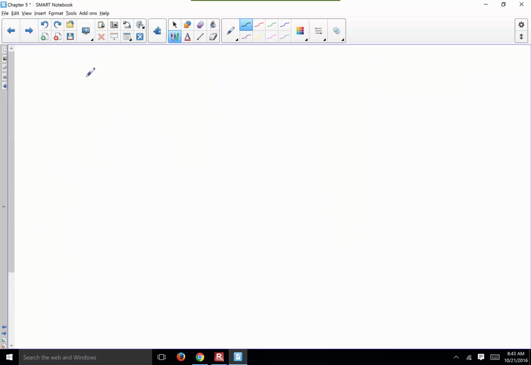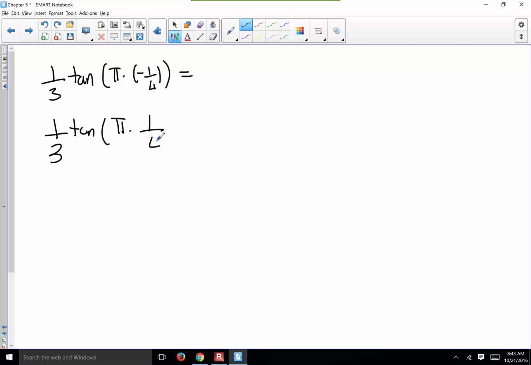Okay, so I'm going to do that here. They're asking for 1/3 tangent of pi times -1/4, and on the other side +1/4. Well, isn't this tangent 45? What is tangent 45? Tangent pi/4 is sine over cosine. Sine and cosine equal each other there, so it is 1, yes. So this is 1/3. How about tangent of -pi/4? Oh, by the way, if you have a negative sign in a tangent, you can pull it out so it matches pi/4.